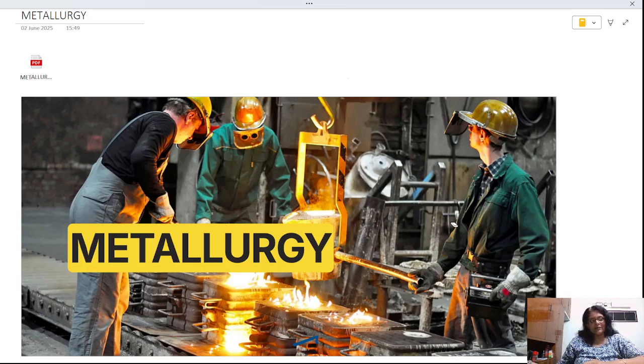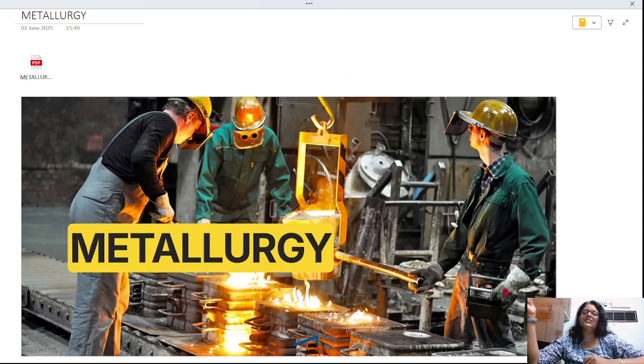So we have been studying a chapter called Metals and Non-Metals from the class 10 CBSE syllabus, right? In that chapter, we learned that metals have certain physical properties which make them ductile, malleable, hard, sonorous, lustrous, and all those things.